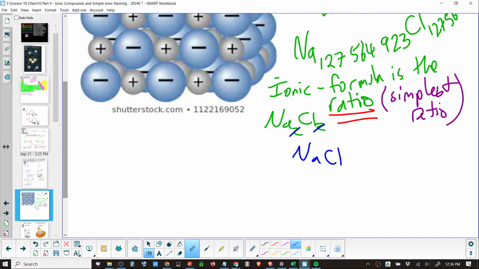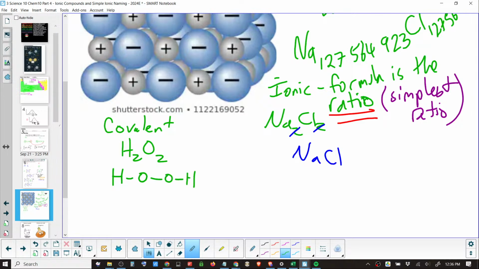Now I'm going to contrast this with a covalent compound, H2O2, which is hydrogen peroxide. This has a definite structure. It is HOOH. It has a beginning, it has an end, it has an alpha, it has an omega. It is an entire thing.